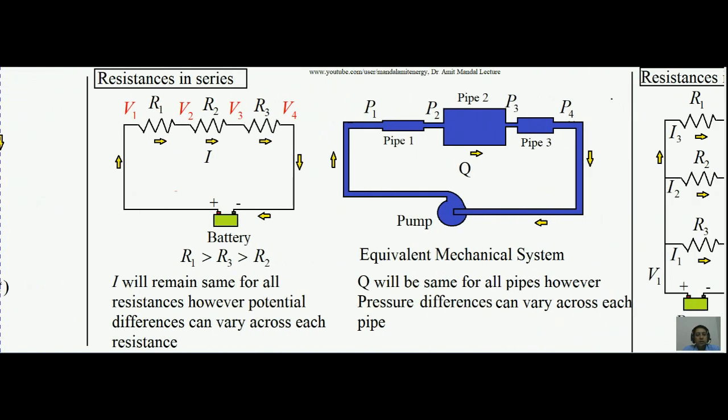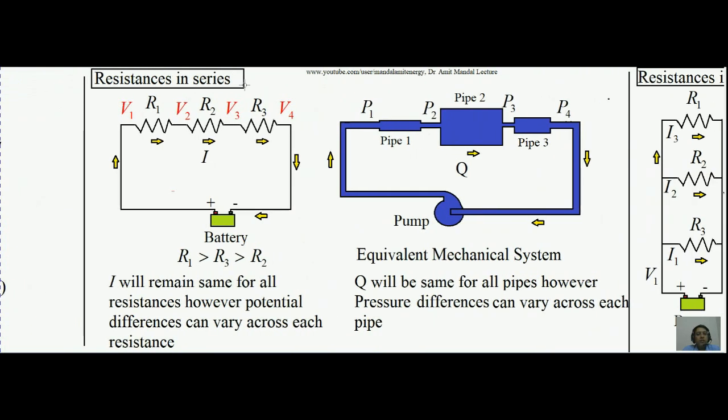Now I am taking an example of resistances in series. To the battery you can see one after another the resistances are applied, R1, R2, R3. Here R1 is greater than R3, and R3 is greater than R2. So R1 is the highest resistance and R2 is the lowest. This is the equivalent mechanical device. In place of the battery you can apply the pump, and these are the pipes.